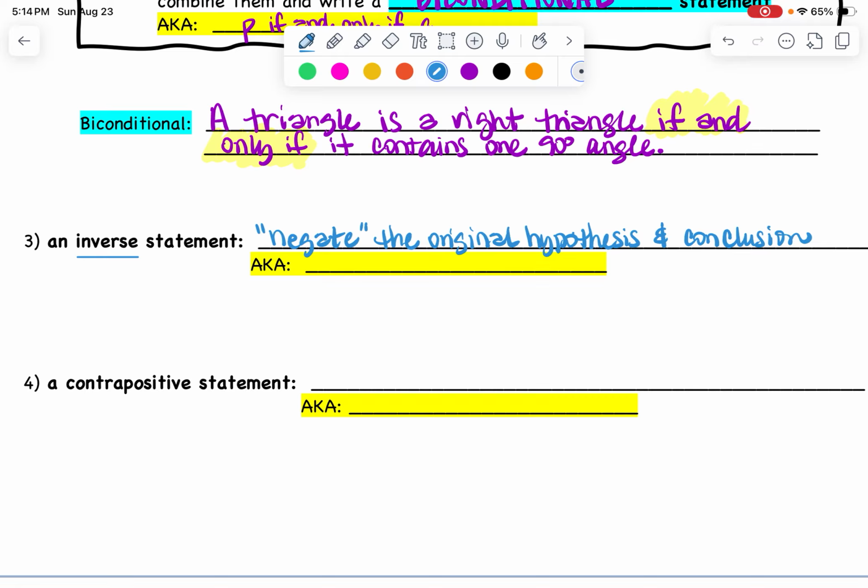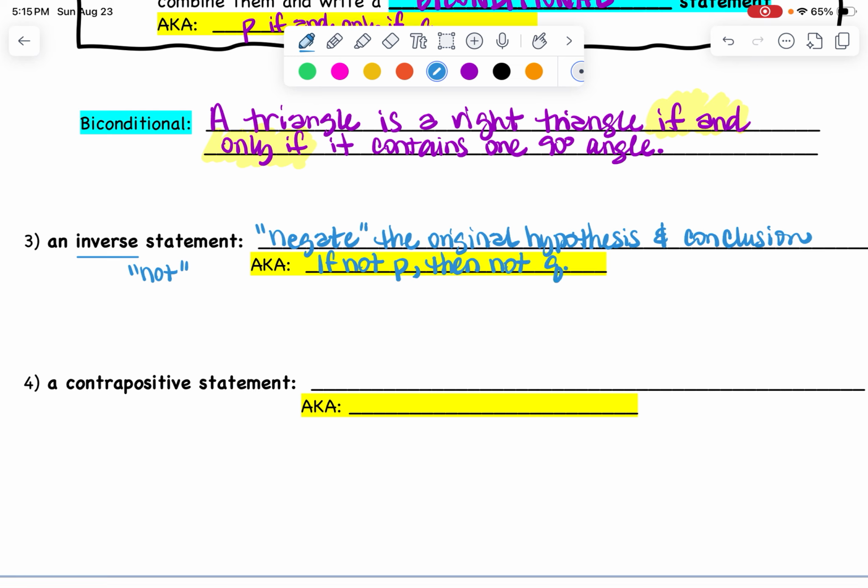Okay, to negate, right? To give the negative or opposite meaning. Like I said, usually that means using the word not or taking the word not out. So if my original conditional is if P then Q, then my inverse would be if not P, then not Q.